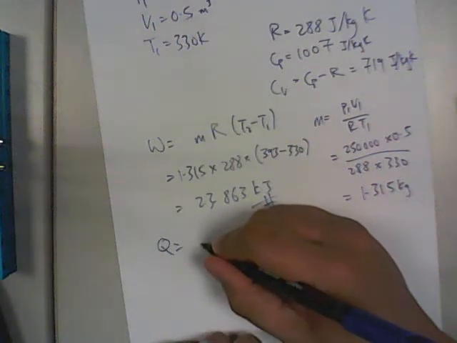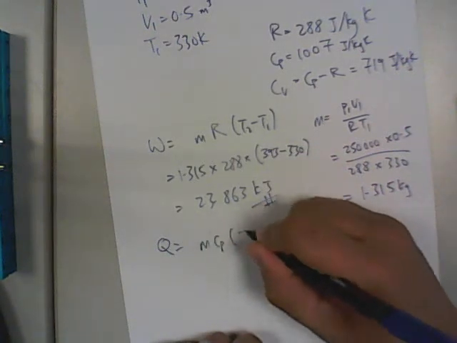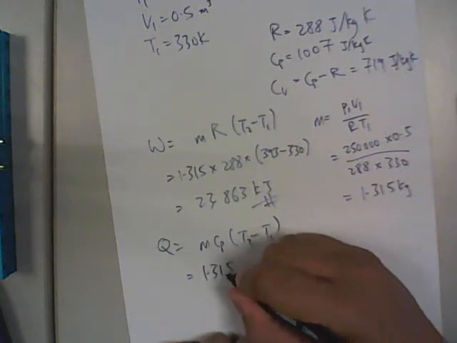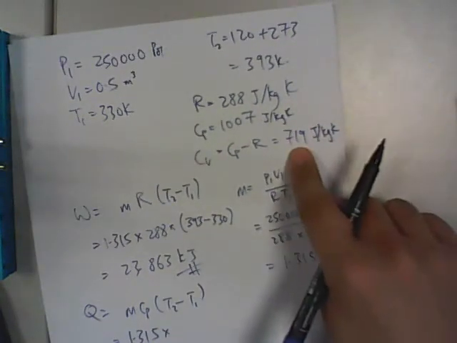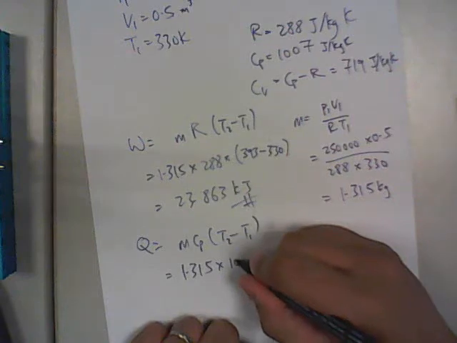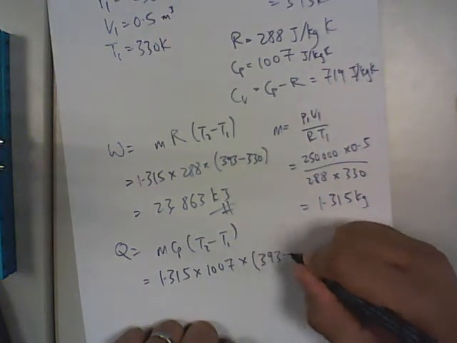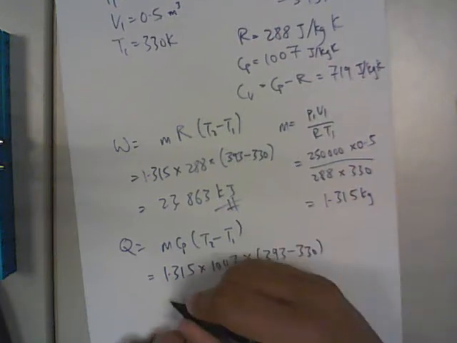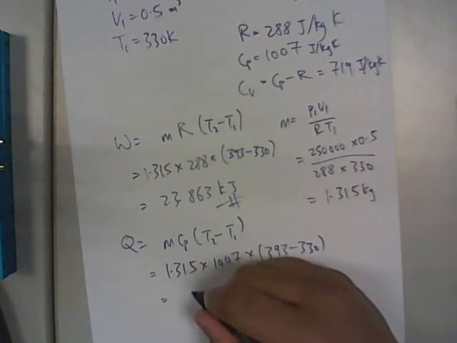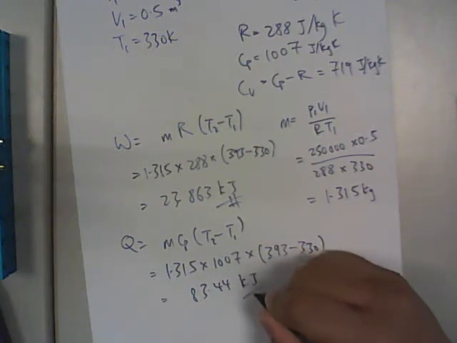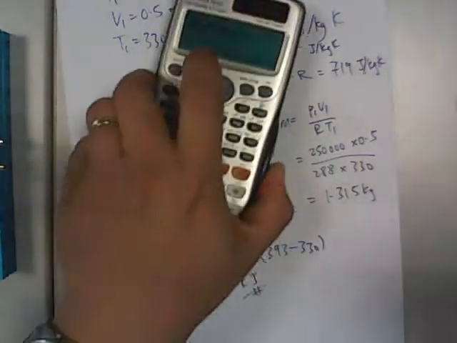Next is Q, which is M Cp (T2 minus T1). M we already have. Cp is 1007. And T2 minus T1. You should get 83.44 kilojoules.